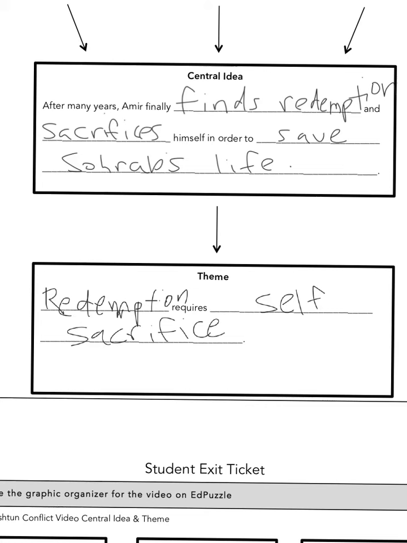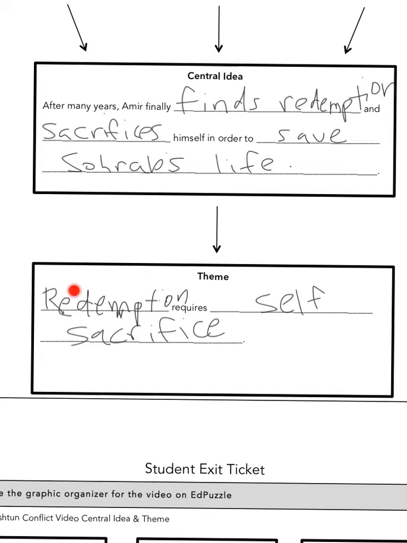So I asked myself, if you remember last 9 weeks when we talked about theme, we would take a big idea like redemption, and then we would figure out what is the story saying about it, right? So what this story is mostly about is that redemption requires self-sacrifice. You have to sacrifice yourself in order to be redeemed or forgiven, okay?